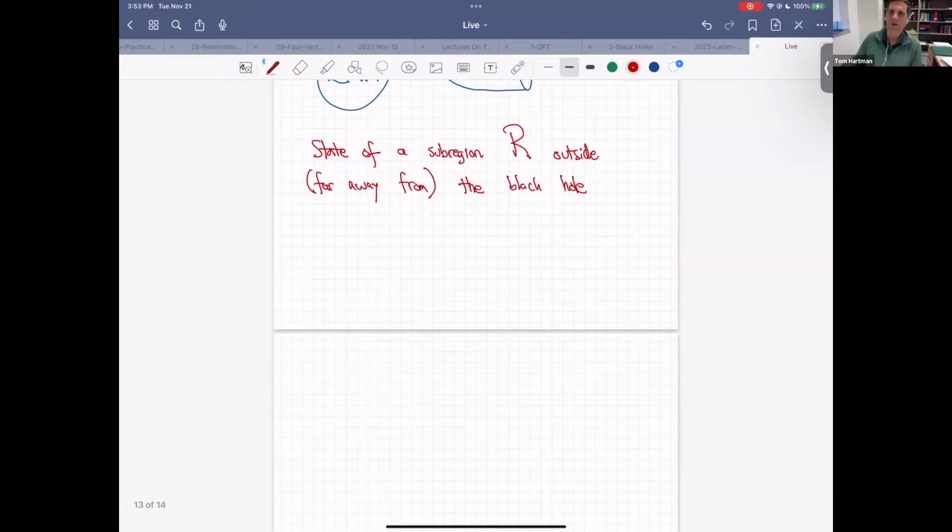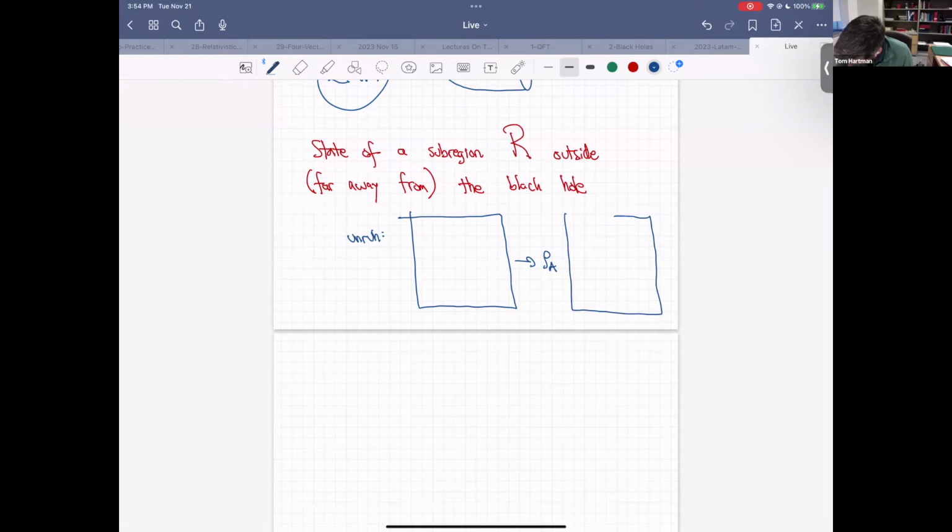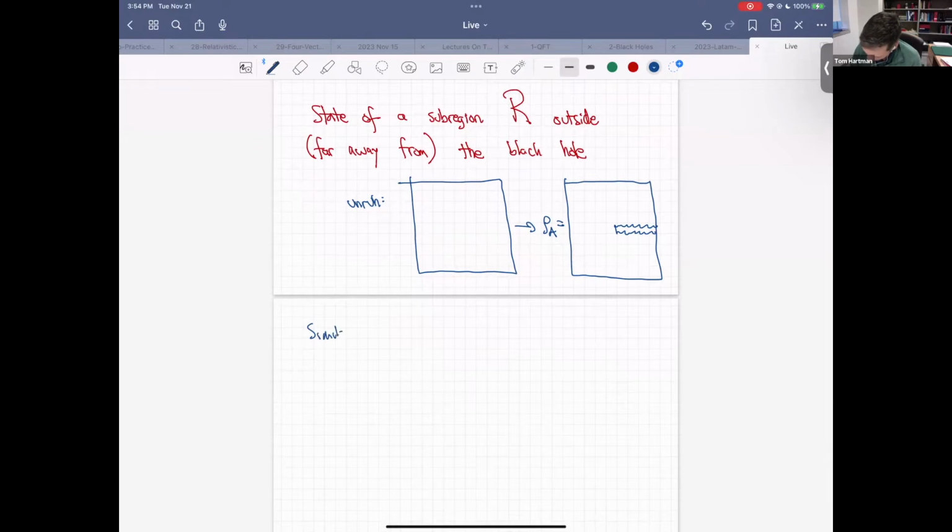Now, just like when we talked about Unruh radiation, in the Unruh effect, we had a space which was just flat, and then we calculated the density matrix of a region by putting in this funny cut in our flat space, and it was the path integral with that funny cut that defined the density matrix on Rindler space. We're going to do something similar now for the black hole.